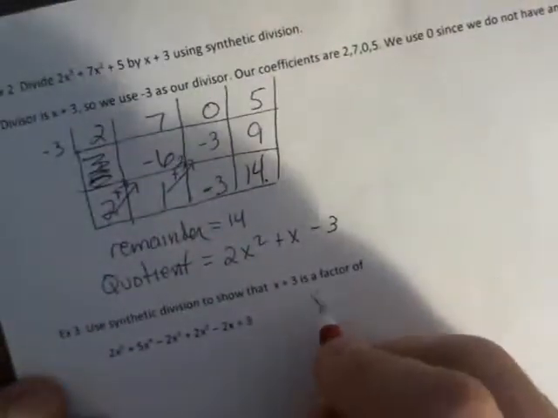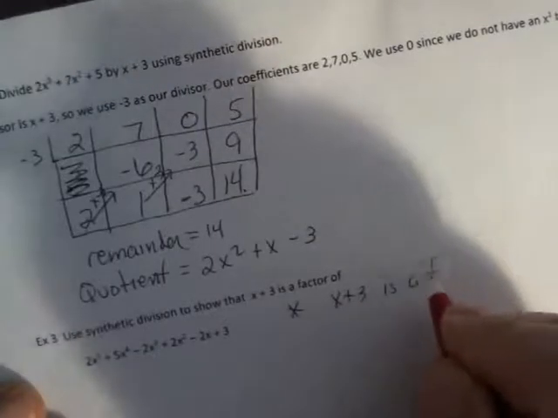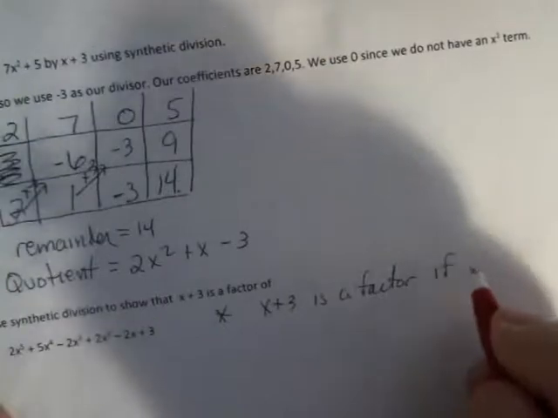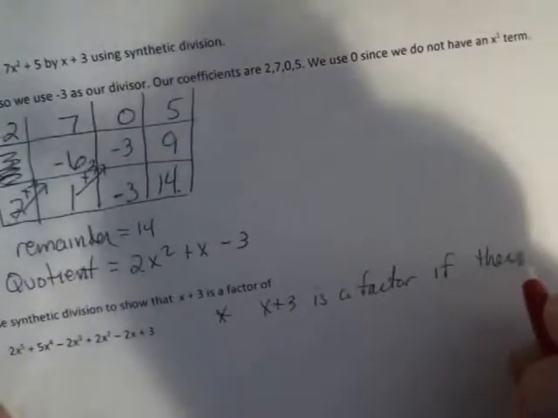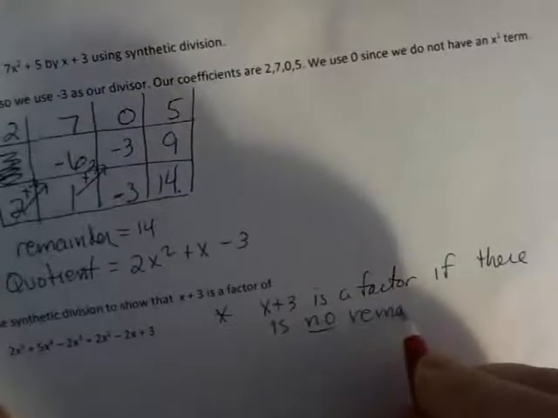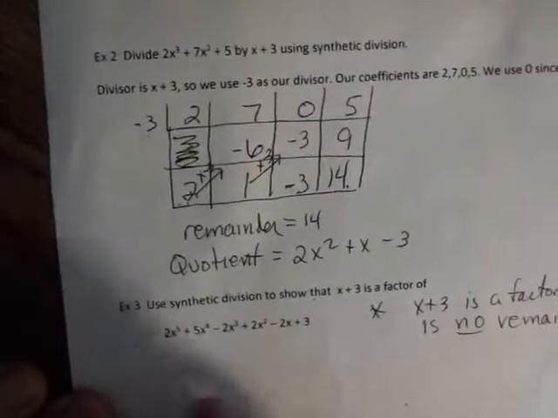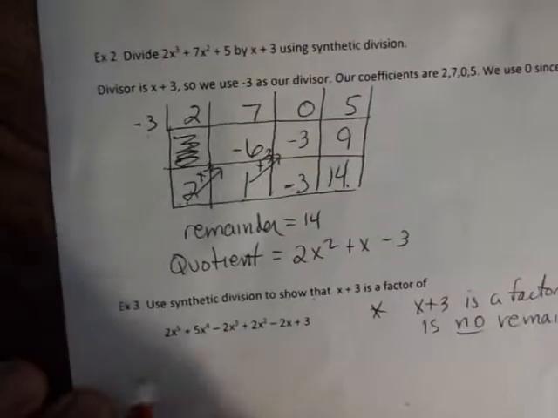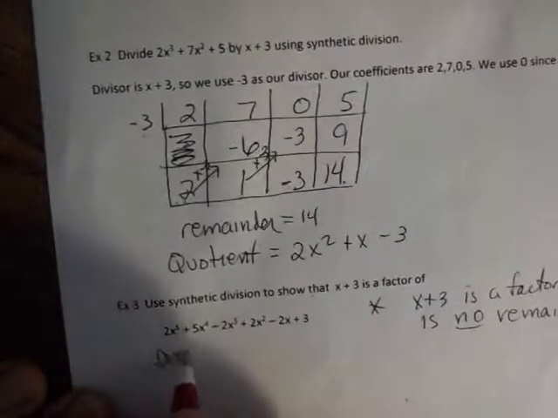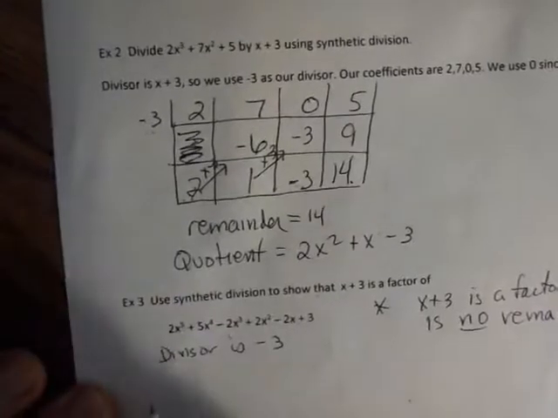So just keep in mind as a side note, x plus 3 is a factor if there is no remainder. So my divisor is negative 3. Don't forget that.